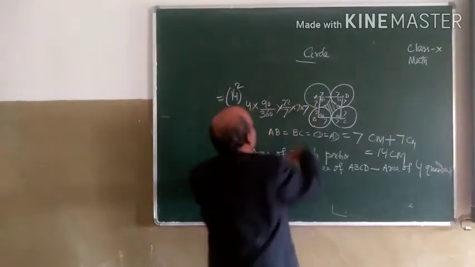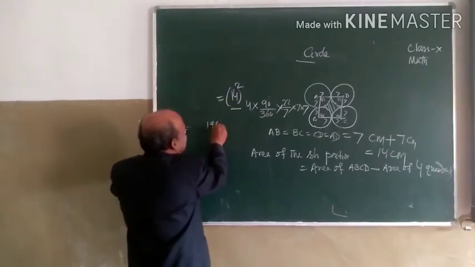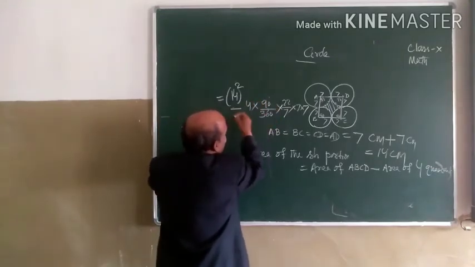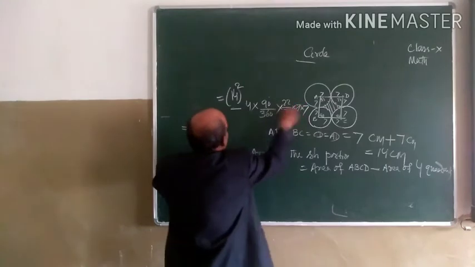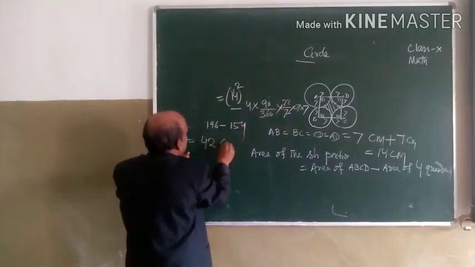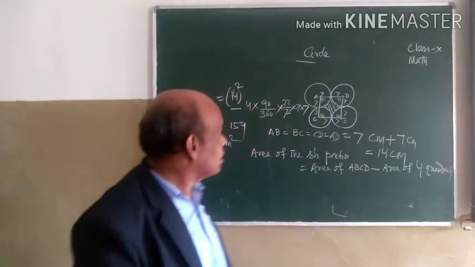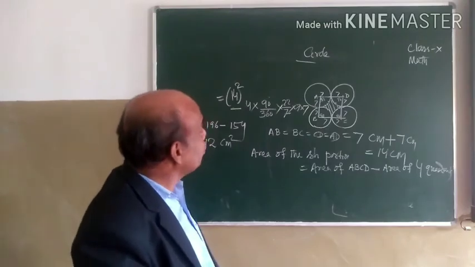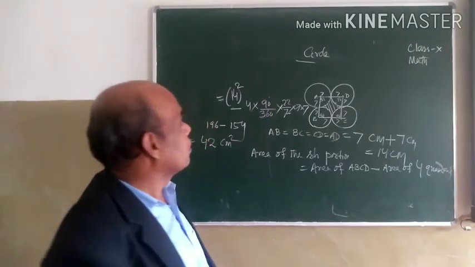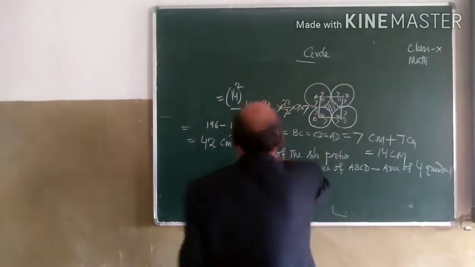So you got (14) whole square, that is equal to 196, minus 4 into 90 by 360, that will cancel. So you got finally 154. So the answer you got is 42 centimeter square after the calculation. So in this way you can find out the area of the shaded portion. Now, the same type of question, a similar type of question, again.